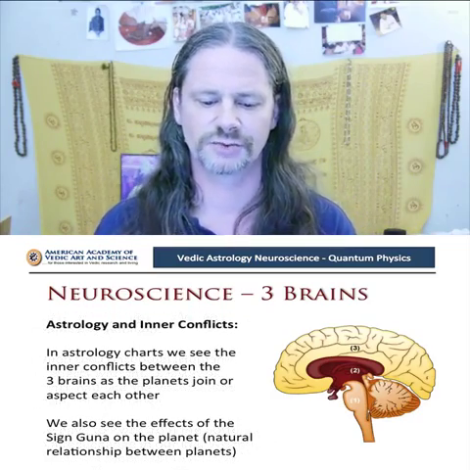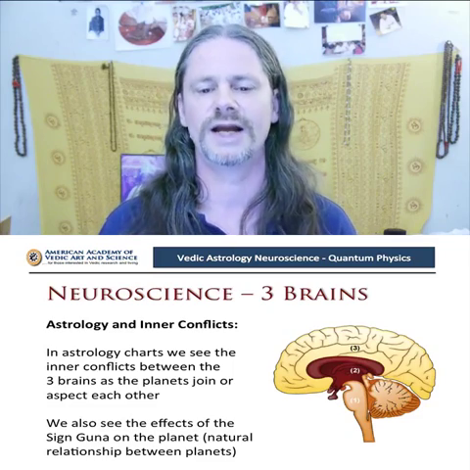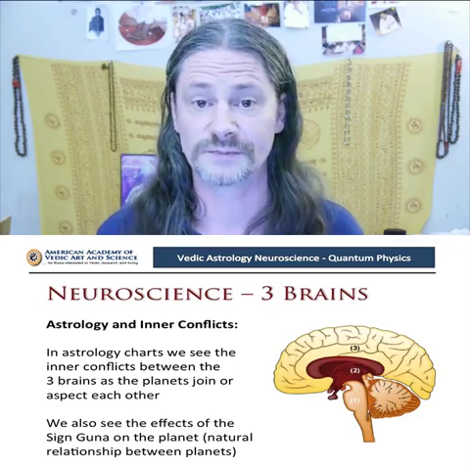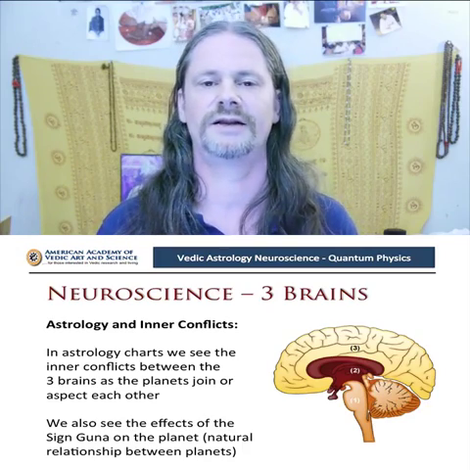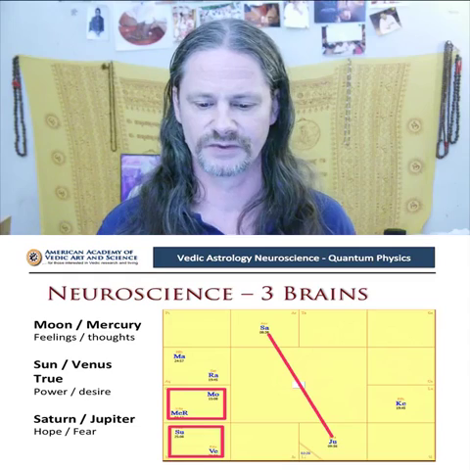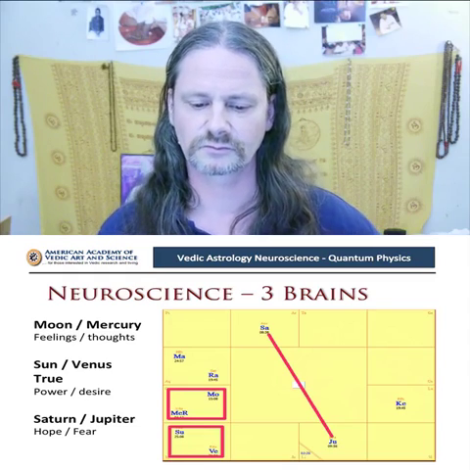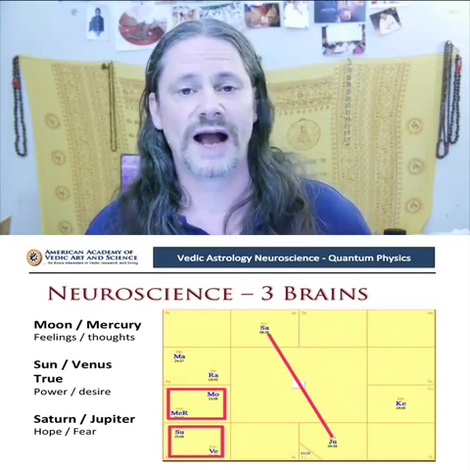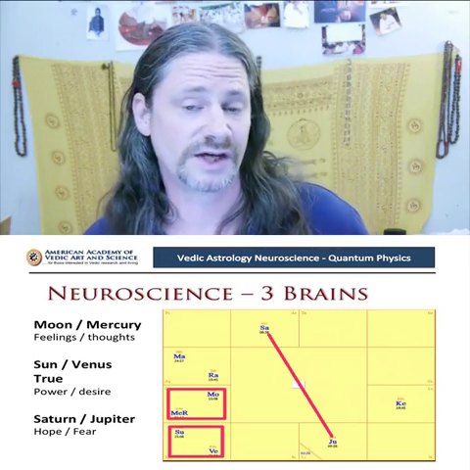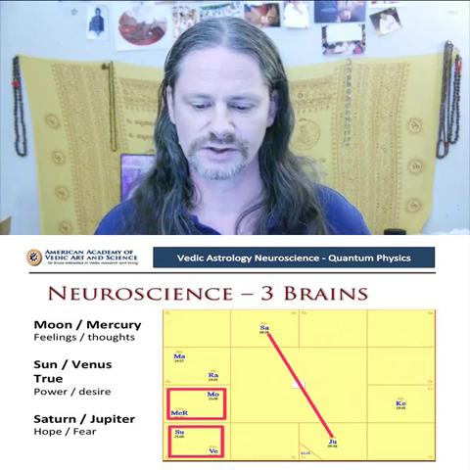So in astrology charts, we see the inner conflicts between the three brains as the planets join or aspect each other. We also see the effects of the sign guna on the planet, and the natural relationship between the planets. So here's an example of someone, and it's through aspect and through the signs they're in and the gunas they rule.